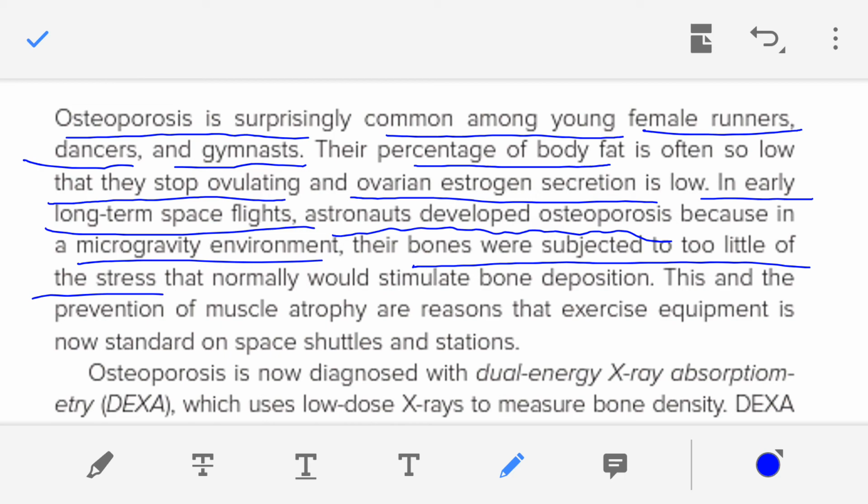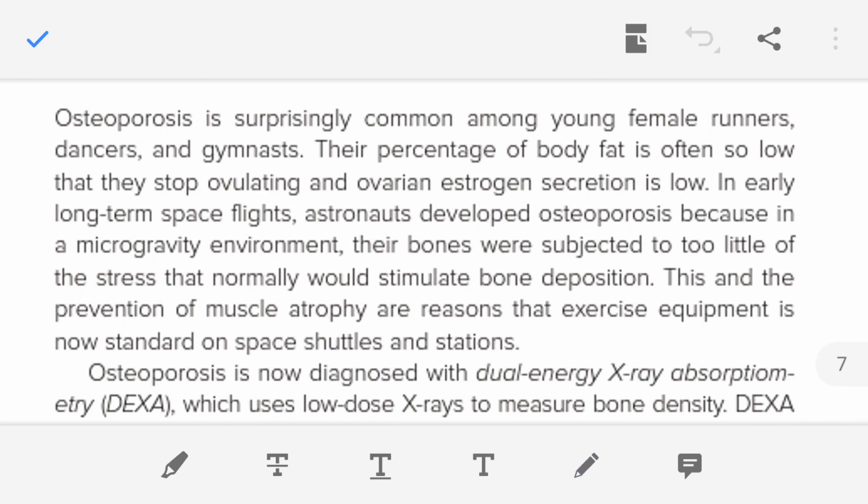To avoid this, nowadays exercise equipment is installed in the space shuttle and the space station, so that astronauts can perform weight-bearing exercise in space also, and avoid the attack of osteoporosis on their bones.